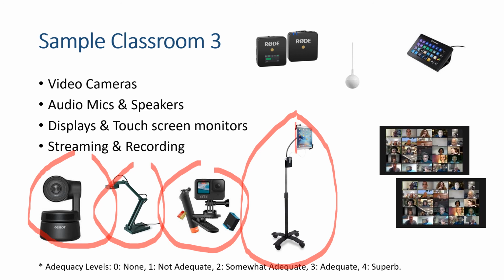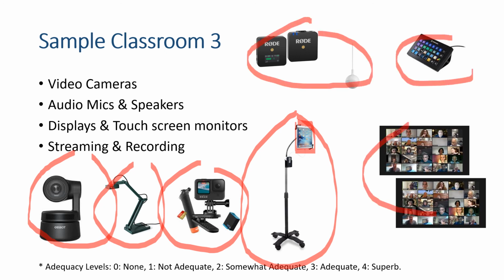You can also have an iPad that could serve as a screen as well as a video camera as well as a computer. And then we have microphone options, and then a switch as well as a monitor.